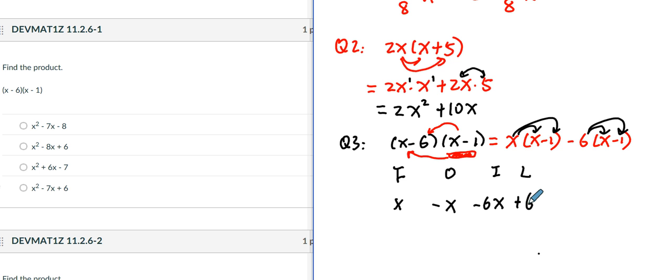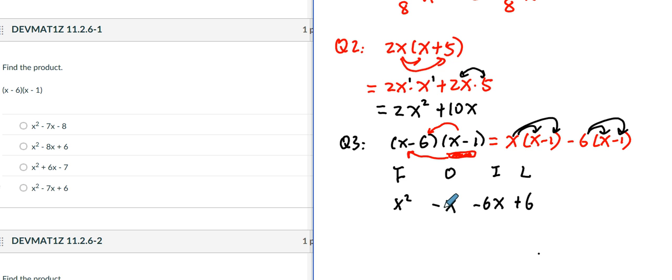So you see, here x times x is x squared. x times x is the first product. x times negative 1 is the outer product. The inner product is negative 6 times x. The last product is negative 1 times negative 6.